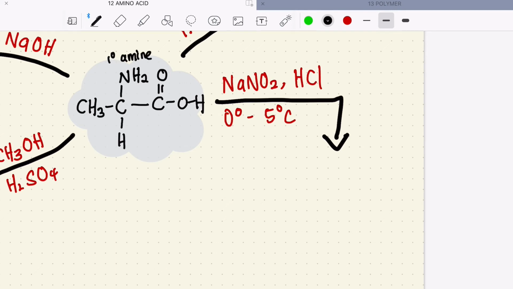So it will react and produce four products, which are alcohol, chloroalkane, N2, and also alkene. So what will be the product?